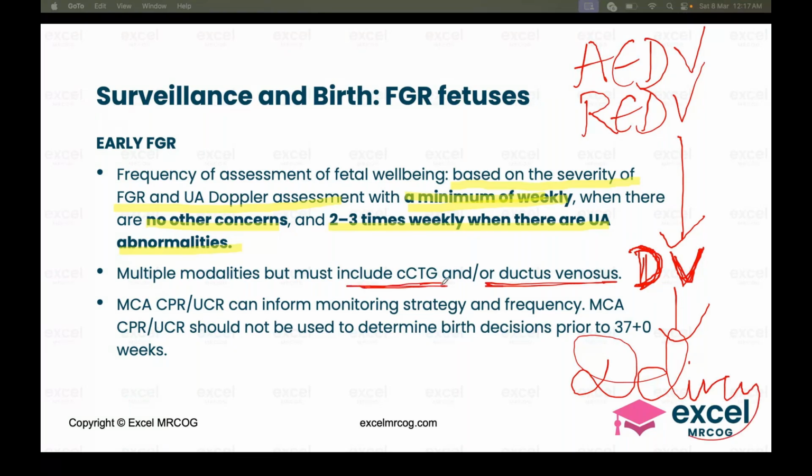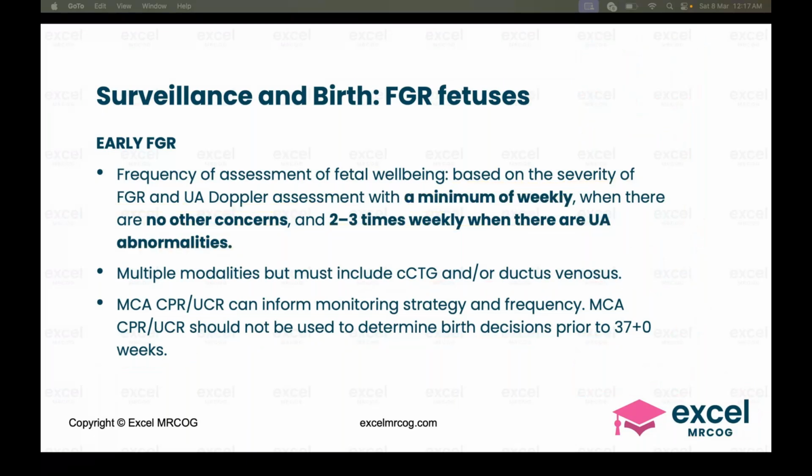Okay, so MCA CPR can inform monitoring strategy and frequency, but MCA CPR should not be used to determine birth decisions prior to 37 weeks. MCA CPR is used after 37 weeks to decide about delivery. Is that very clear? Early, very early FGR, umbilical artery Doppler.